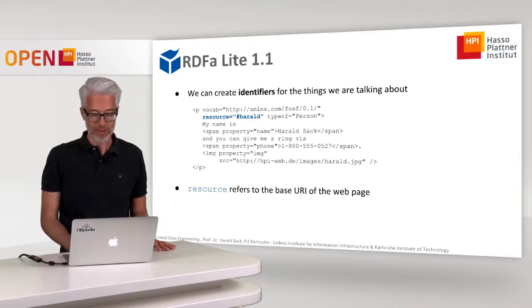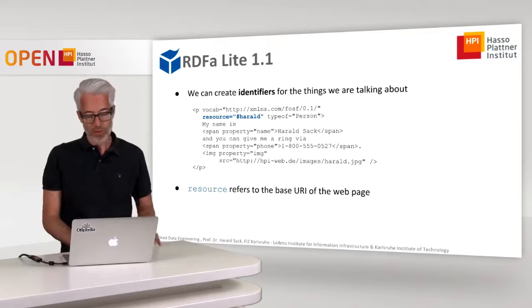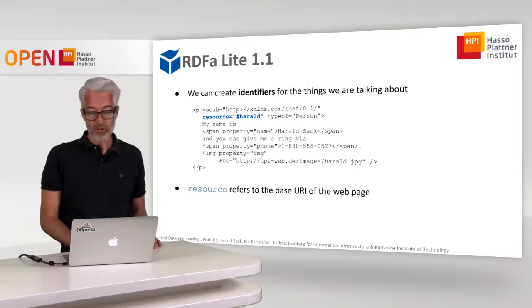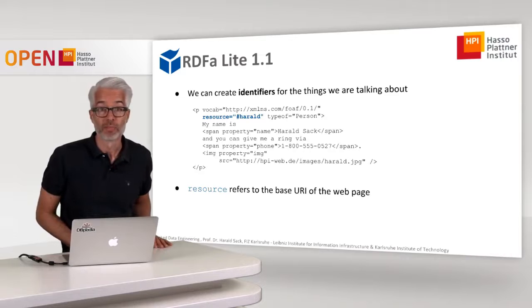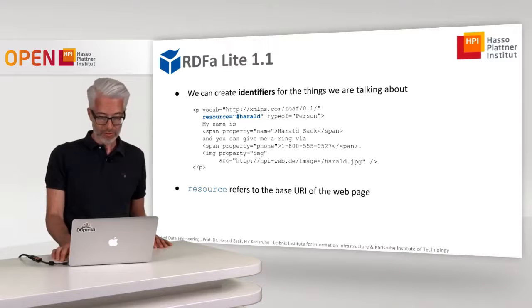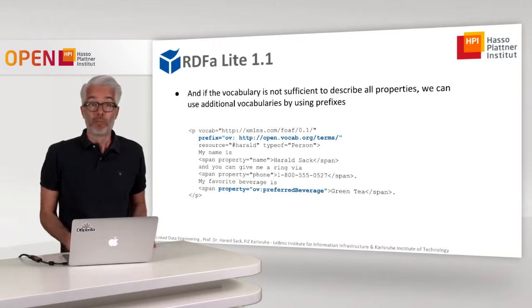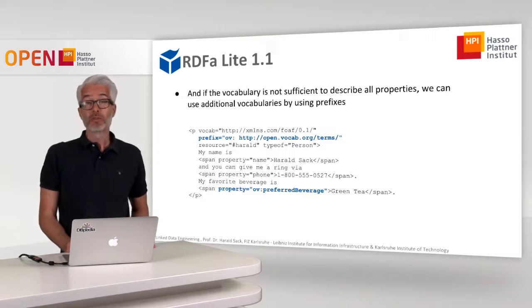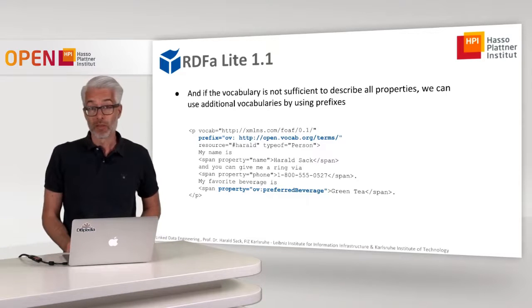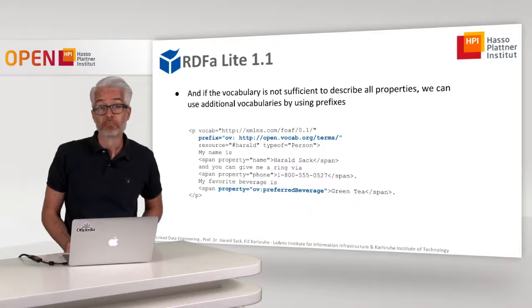Also quite easy, isn't it? So my name will be Harald Sack, my phone number is given here, and then there also comes an image of me. So far, so good. Possibly, I want to use another vocabulary, another namespace.